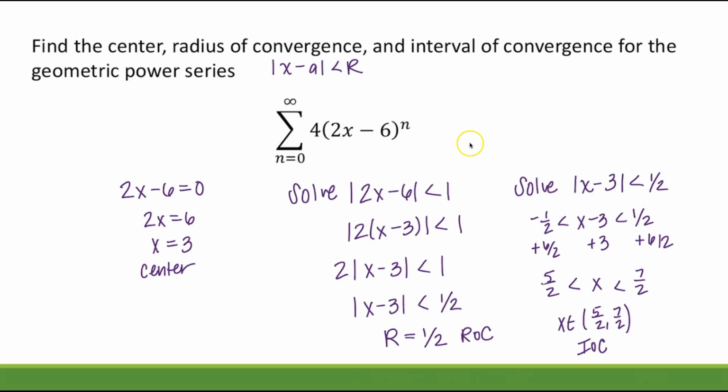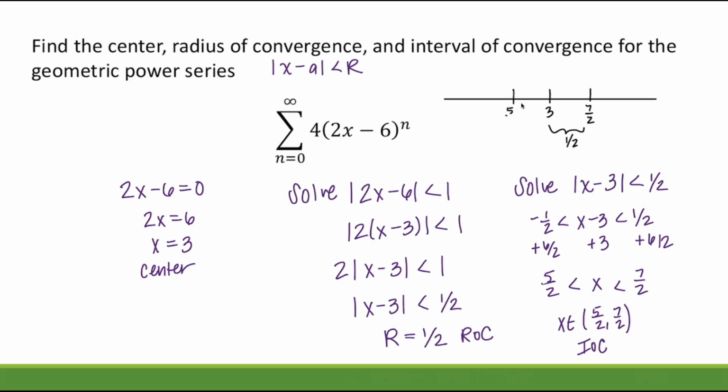Now, just to really understand what's happening with this interval of convergence, I'm going to go ahead and draw just a quick number line here. We know that the center is the x value 3, and the interval of convergence is from 5/2 to 7/2, and that is 1/2 away on each side of 3. So here, 7 over 2, that's 3.5, so that's a half away.